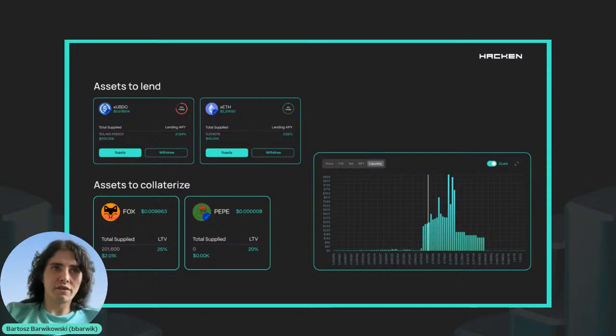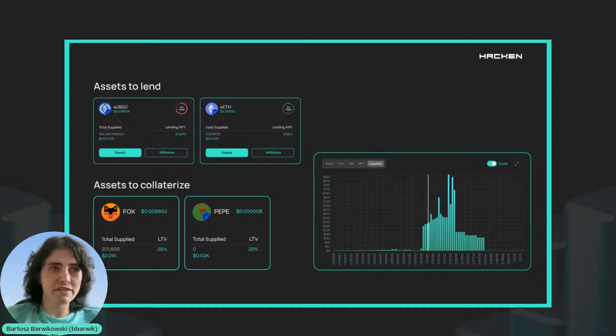The owners of this lending platform are aware of this, so they are using only this 20% loan to value ratio, which means that, okay, if I deposit $100 in Pepe coin as collateral, then I can only borrow $20 of USDC.